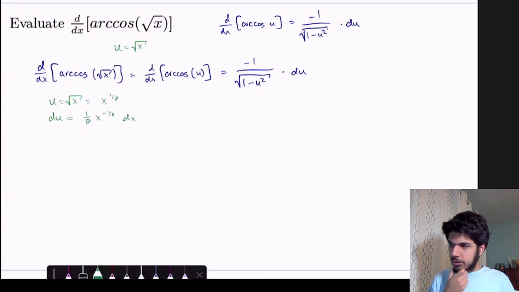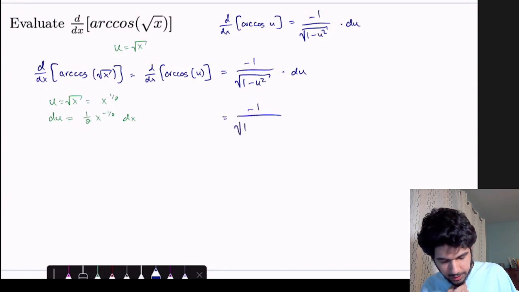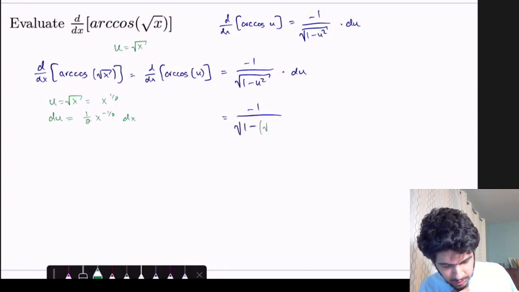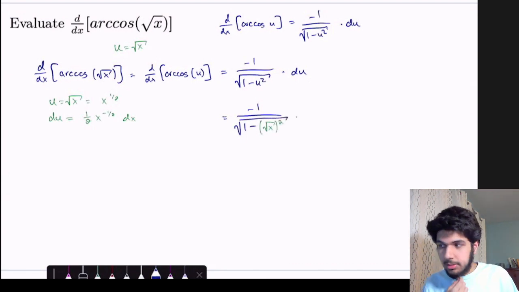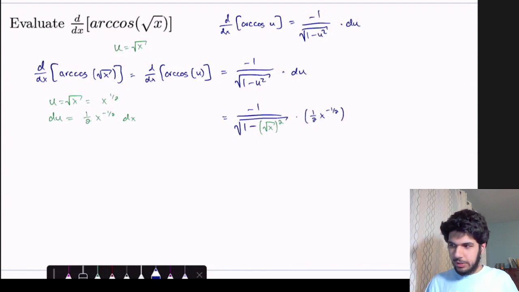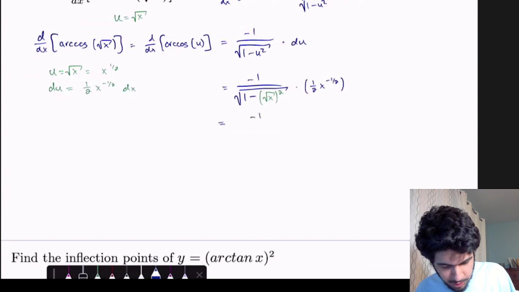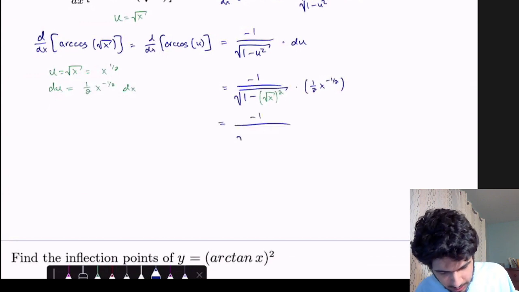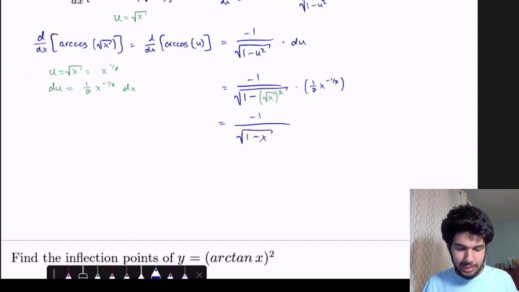Okay, so now we can do a little bit of substitution here, and we get negative 1 divided by square root 1 minus u, where u is the square root of x, and we're squaring that, and then we're multiplying that by du, which is 1/2 x to the negative 1/2 power. Okay, so in the denominator, what do we have? The numerator is negative 1. The denominator is 1 minus x, because square root of x squared is just x.